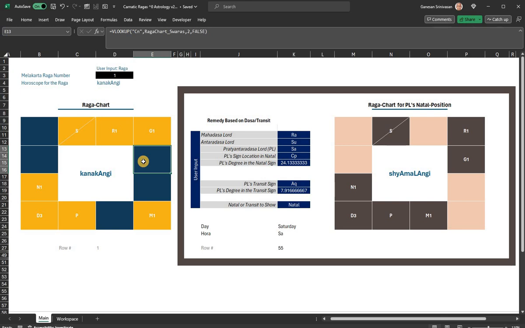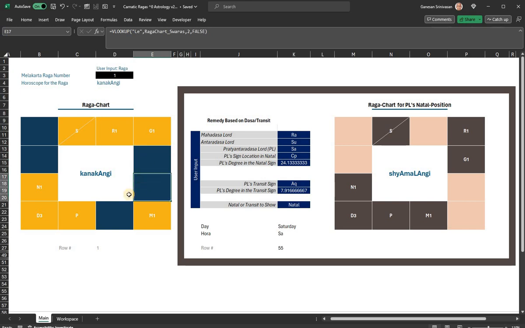If you identify some problem with the fourth house, you immediately can recommend Kanakangi, because this is a raga that can soothe the fourth house.